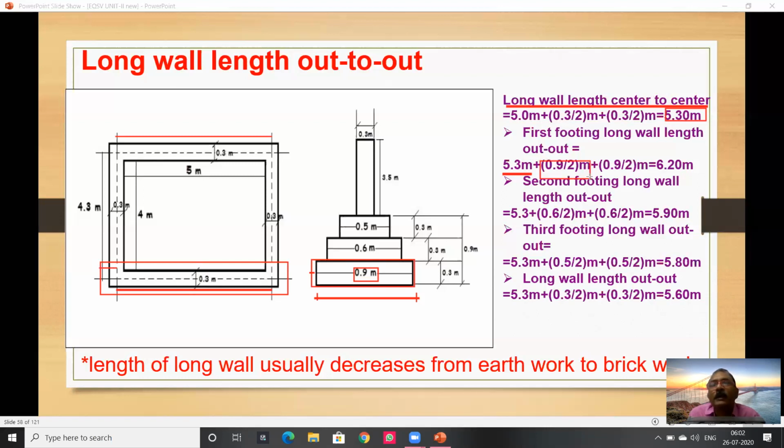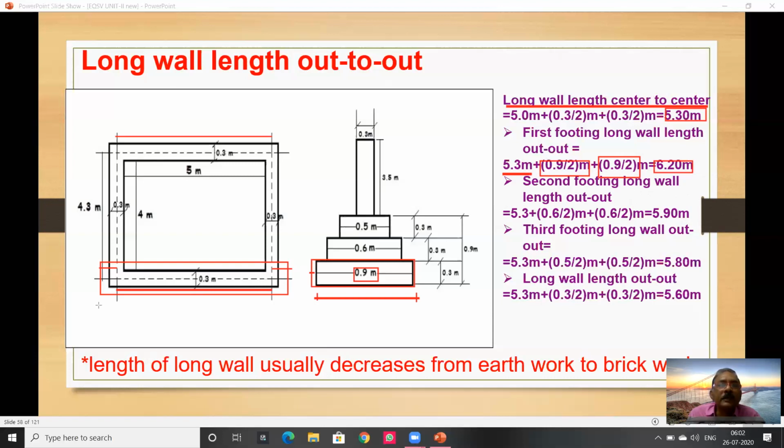That is 0.9 by 2 on one side, and the other side also 0.9 by 2. So the total value you will get here is 6.2 meters out to out.